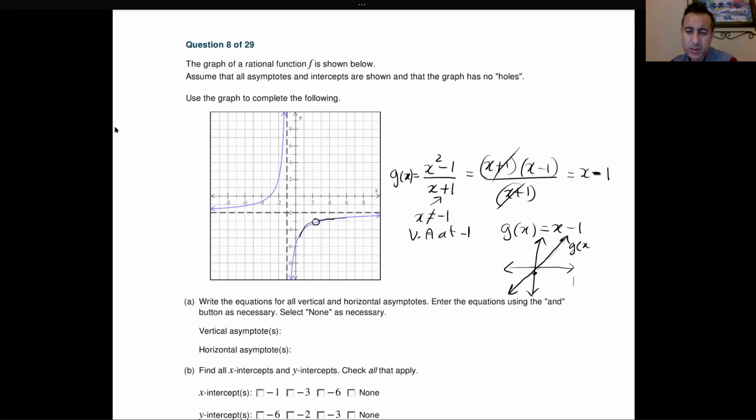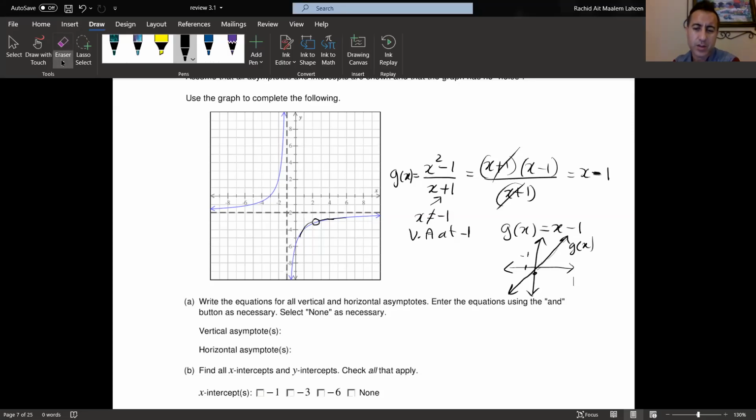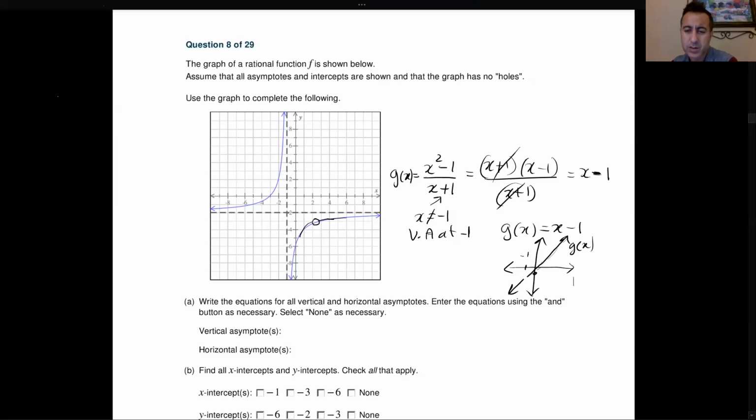That's g of x. But remember, the original function does not have x as -1 in its domain. It's not there. So the function g of x is not defined at -1. So what happens is at x = -1, it's not going to be defined. So there is a hole there, and maybe we can show it by cleaning this thing here.